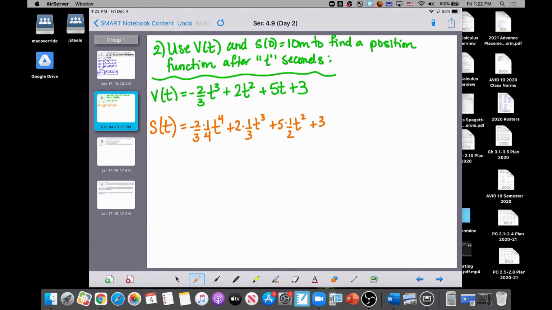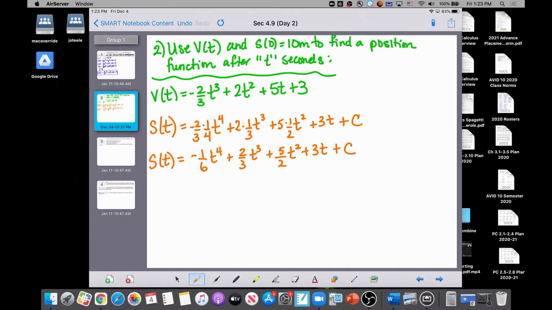And the 3 will become a 3t, and then I'm going to need a plus c. Let's simplify this, and then we'll check it. So negative 2 over 12 is going to become negative 1/6 t to the 4th, plus 2 times 1/3 is 2/3 t cubed, plus 5 times 1/2 is 5/2 t squared, plus 3t plus c.